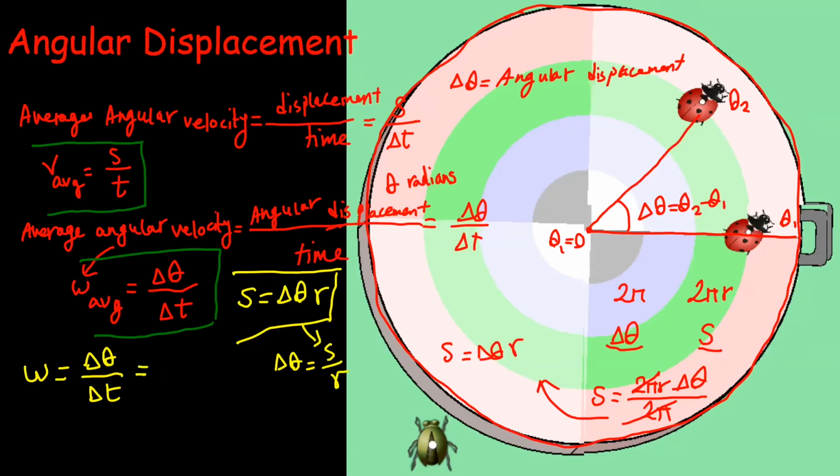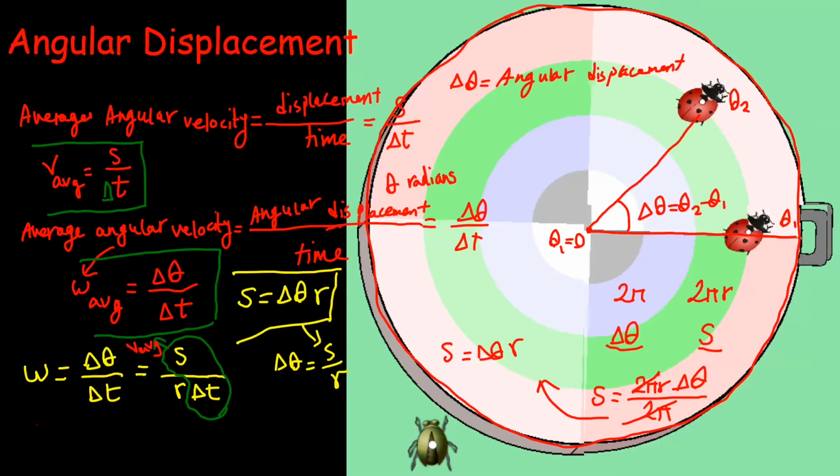So I substitute delta theta, which is s divided by r, and delta t stays here. Then s divided by delta t is equal v average.